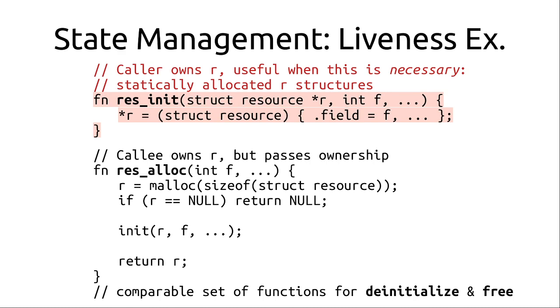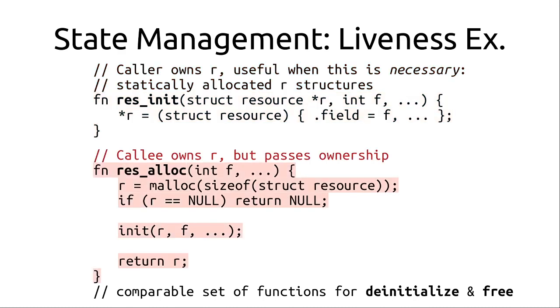So it's very common in C to have this kind of separation between these two APIs that have different livenesses because we're either passing a resource in or not. If the client wants to stack allocate a resource or globally allocate a resource, then you don't want to call malloc. So they want to call res init directly, whereas if you want it stored on the heap, then you can call res alloc, right?